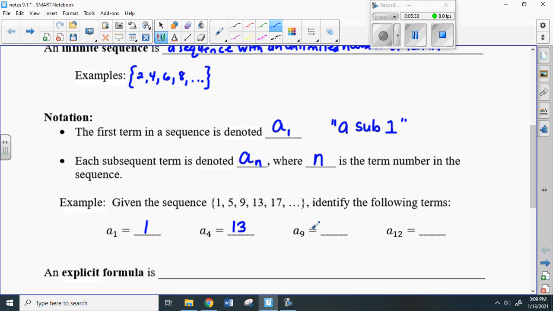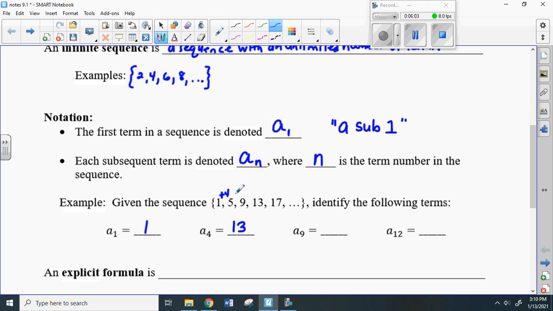But look, the next two are a little bigger, A sub 9 and A sub 12. And I didn't list that many for you. So what you have to do is figure out what the pattern is, okay? You're going to ask yourself, am I adding the same amount, or am I multiplying by the same amount, or something like that? What is the pattern to get from one number to the next? All right, well, let's see. To get from 1 to 5, I add 4.